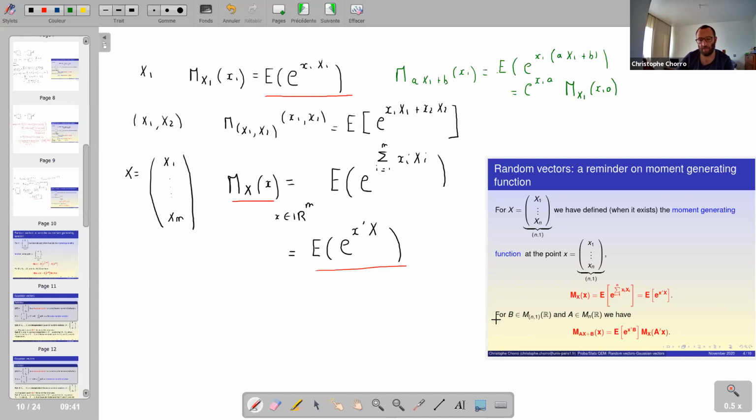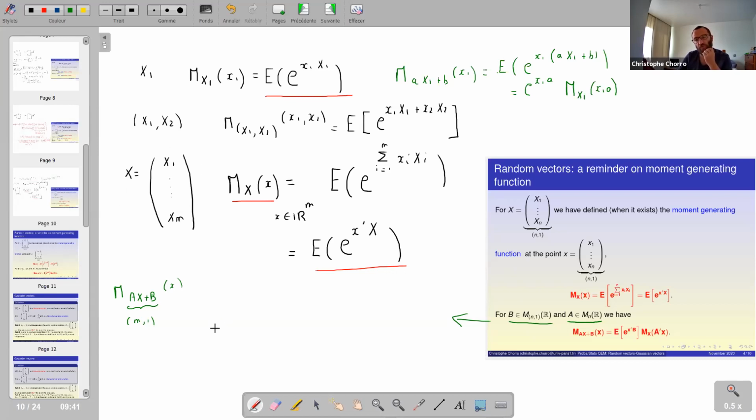And I want to compute the moment generating function of a x plus b at the point x. So keep in mind that here I have something that is of size n, so I have a random vector as in this situation here.